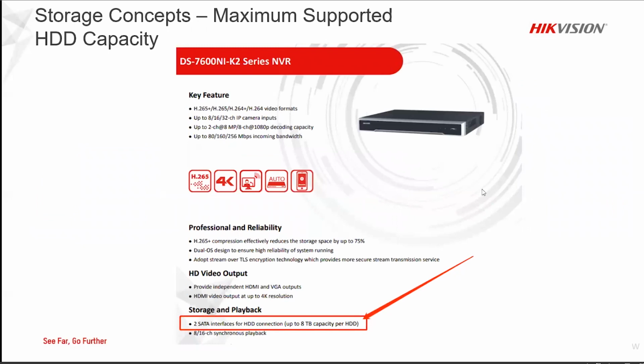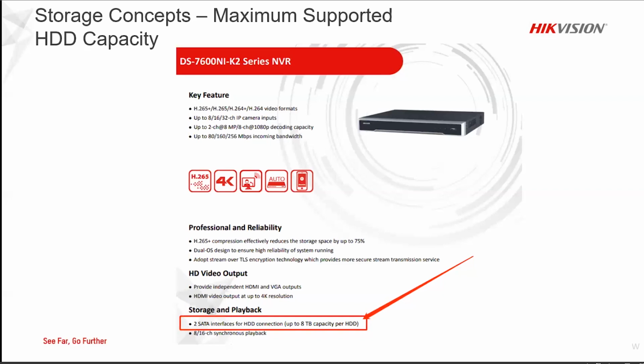Okay, now we have an idea how we can get the number of hard disks that can be integrated into an NVR or a DVR, but we must also know the maximum hard disk capacity that can be integrated into an NVR or a DVR. In order to get that information, you have to refer to the data sheet of the device.